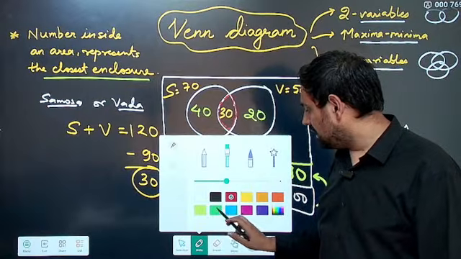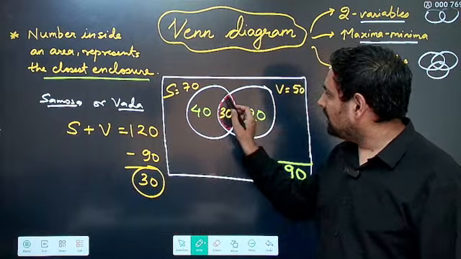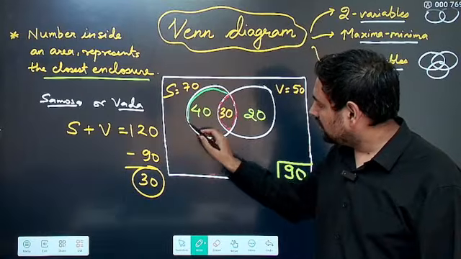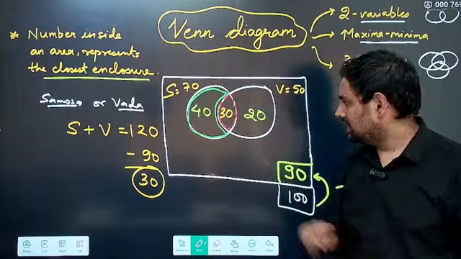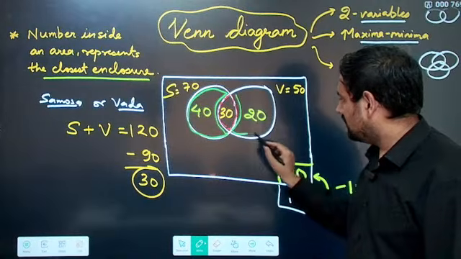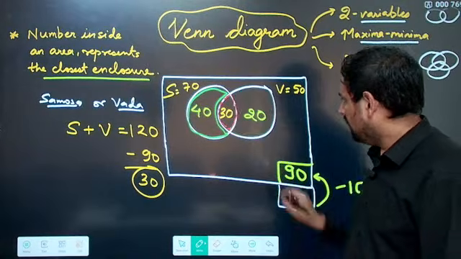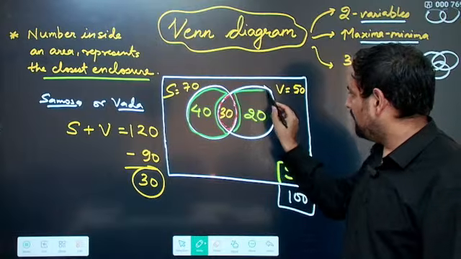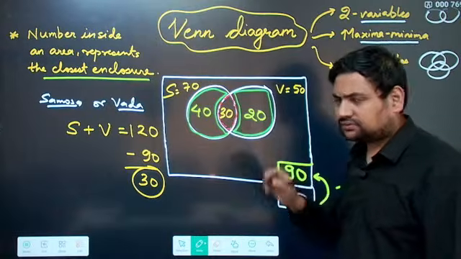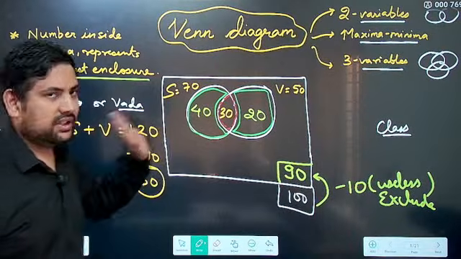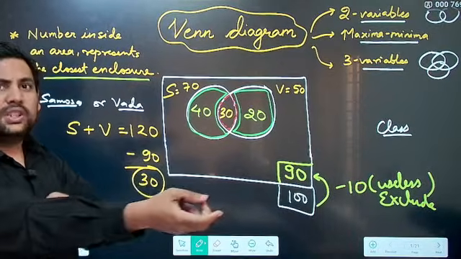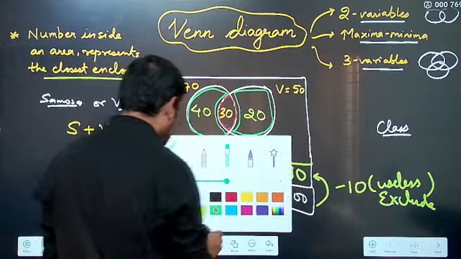Similarly, if you look here, 40 represents what? 40 represents this crescent shaped figure. Similarly, 20 represents this. Never get confused. Whatever is the closest enclosure is what that number represents. Understood? Now, what do all these values mean? So what are these people?